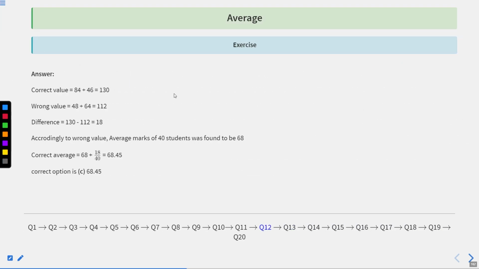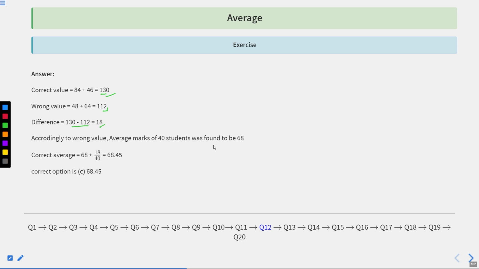Again, we are going to do the same thing. The correct value is equal to 84 plus 46, that is 130. So the correct marks would have resulted in sum 130 and the wrong sum is 112. So the difference it created in the final sum of all the 40 students' marks is 130 minus 112, which is 18.